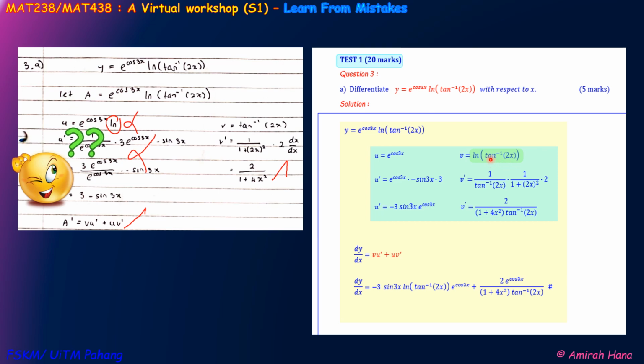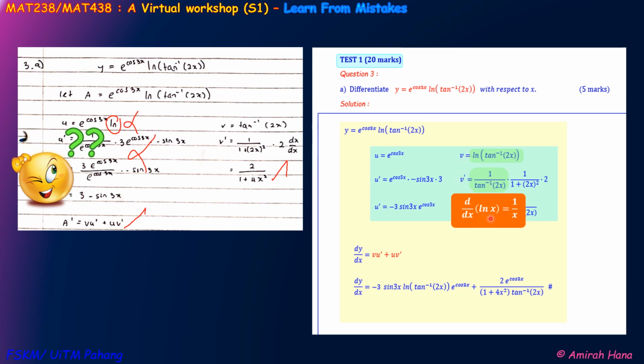So when we differentiate ln x, the answer equals 1 over x. If we have x inside ln, we have 1 over x after we differentiate. So if we have ln inverse tangent 2x, we will get 1 over inverse tangent 2x after we differentiate. We differentiate v, the symbol becomes v prime.